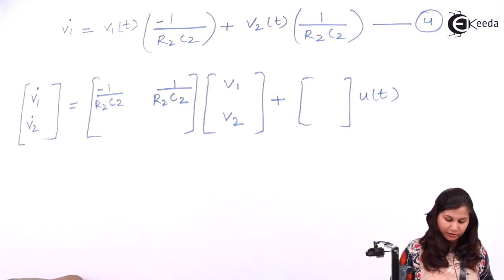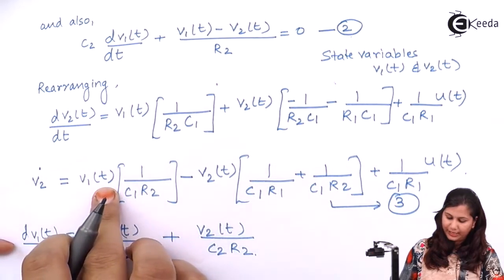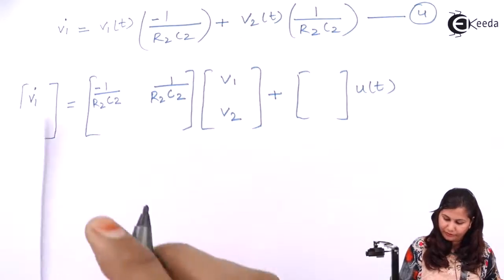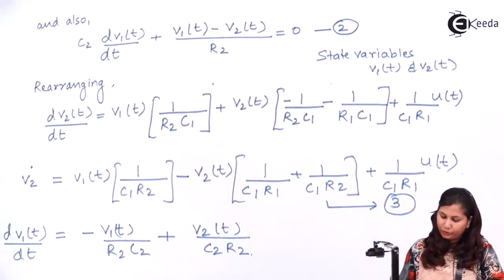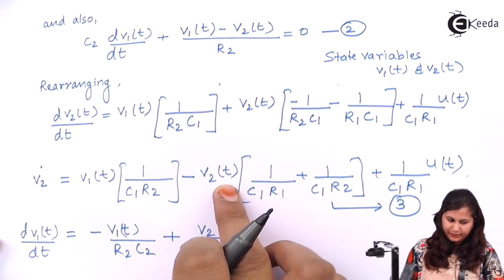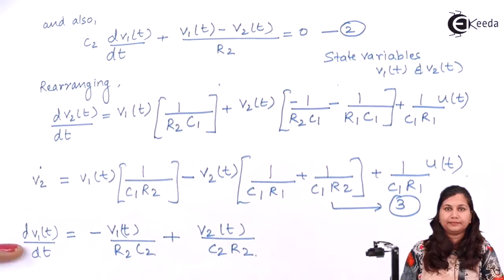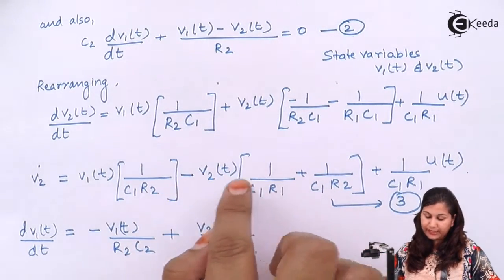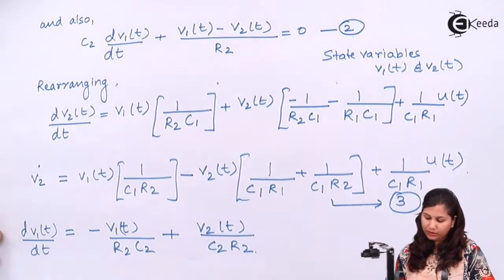Then from the third equation for V2 dot, the coefficient of V1(t) is 1 upon C1R2. So we will write 1 upon C1R2. Then the coefficient of V2(t) has a minus sign, and is 1 upon C1R1 plus 1 upon C1R2.